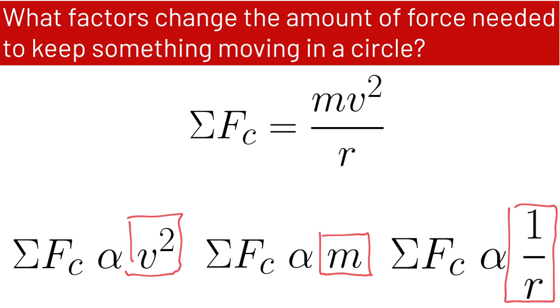So our equation ends up being the sum of centripetal force is equal to mv squared over r. So mass times velocity squared over the radius is equal to our sum of centripetal forces.